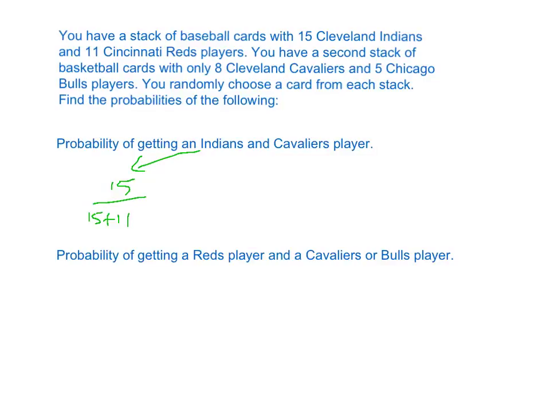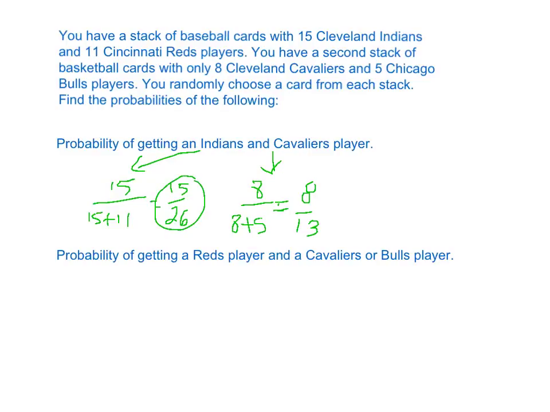The Cavaliers player, there's 8 of them, and that comes out of a stack that has 8 Cavaliers and 5 Bulls players. Well, this is 8/13. So you have an 8 out of 13 chance of getting the Cavaliers player, and you have a 15 out of 26 chance of getting a Cleveland Indians player.